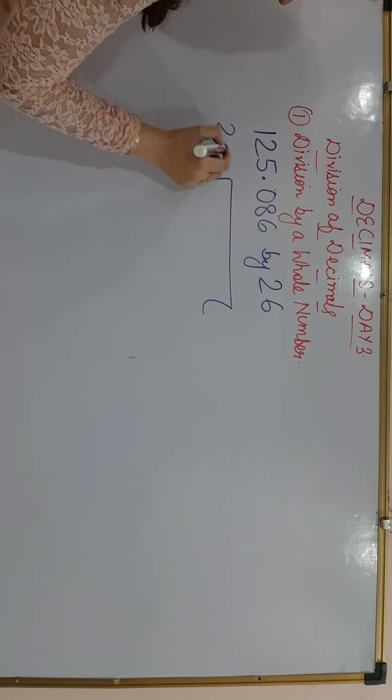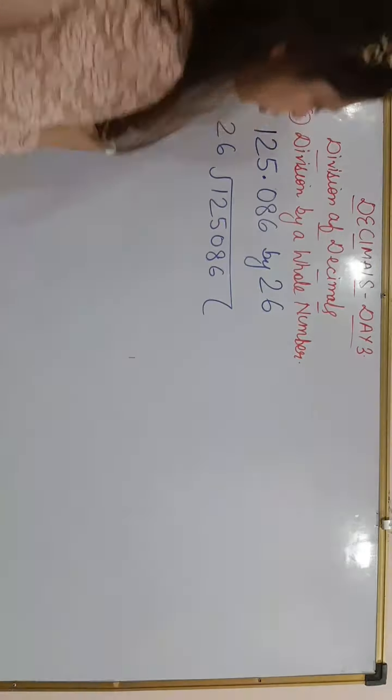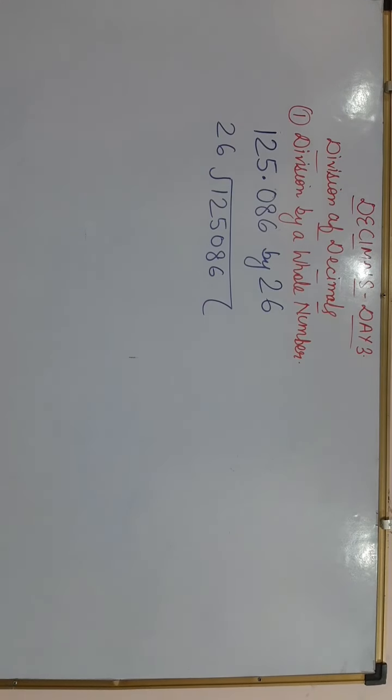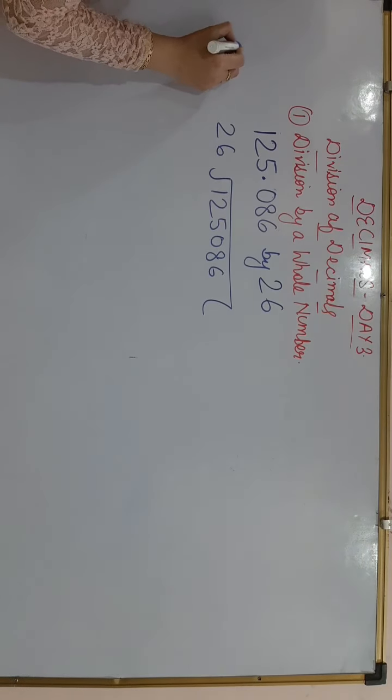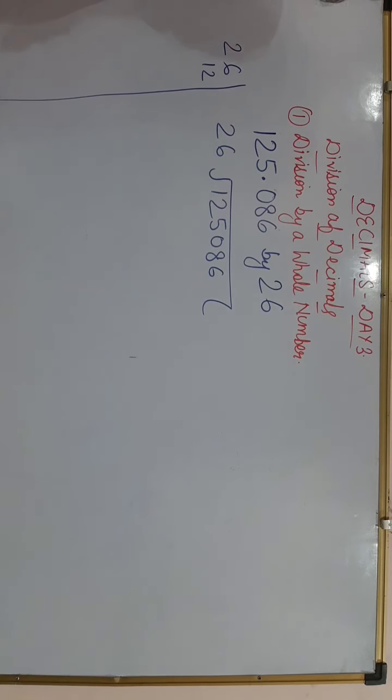If you know the tables, then it's well and good. If you don't know the tables, then you can write tables first. So I'm writing the table of 26 first. I will write the table in short form.